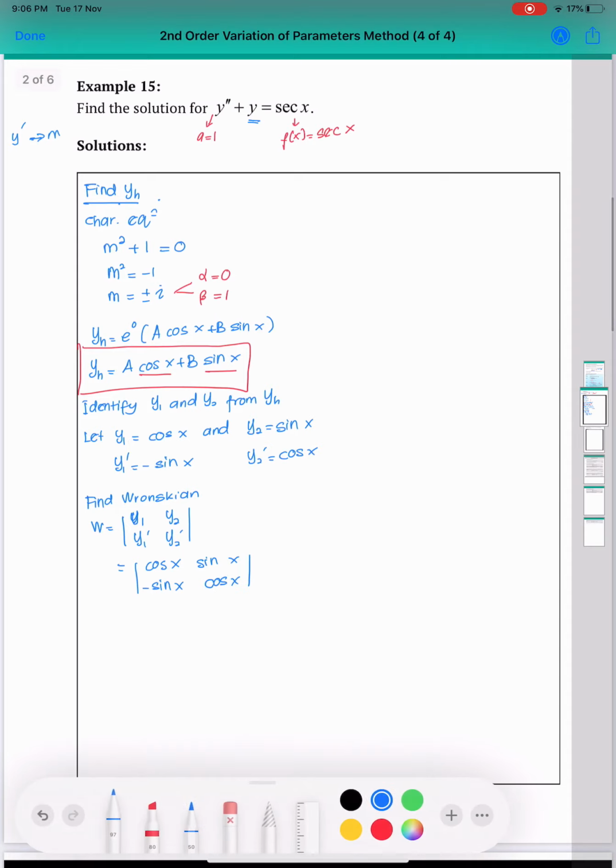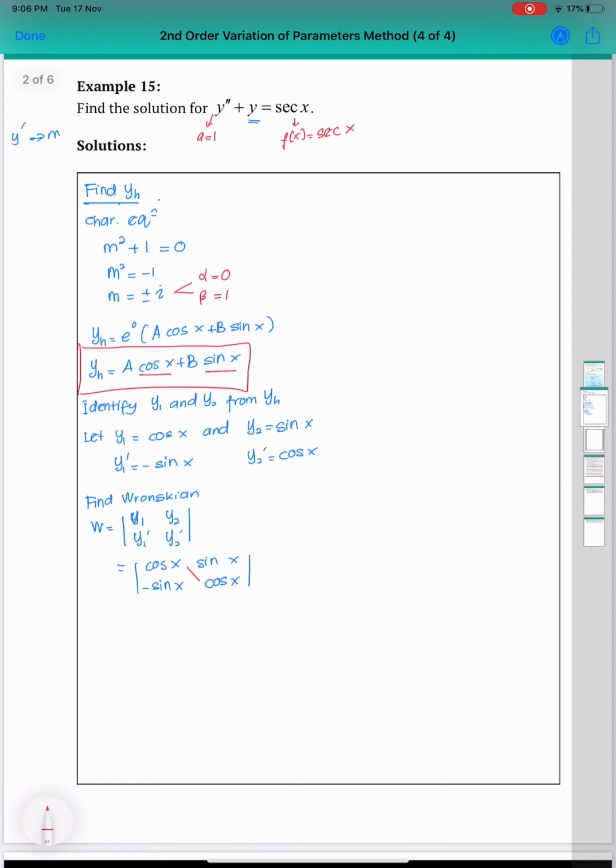Alright, so you cross product it, so you have cos square x minus negative sine square x. So I will get cos square x plus sine square x. Based on the trigonometry identity that you can find in your table of formula, this is equal to 1.